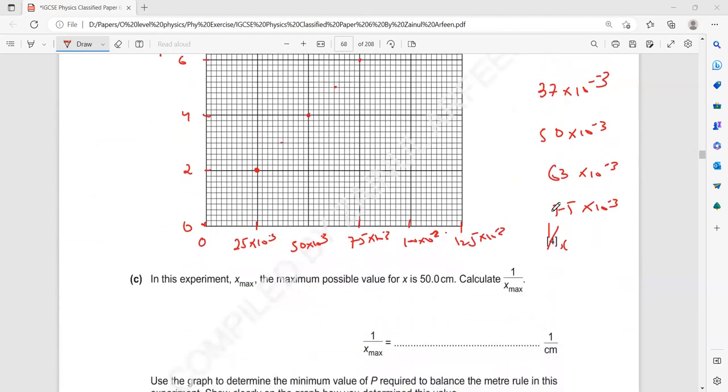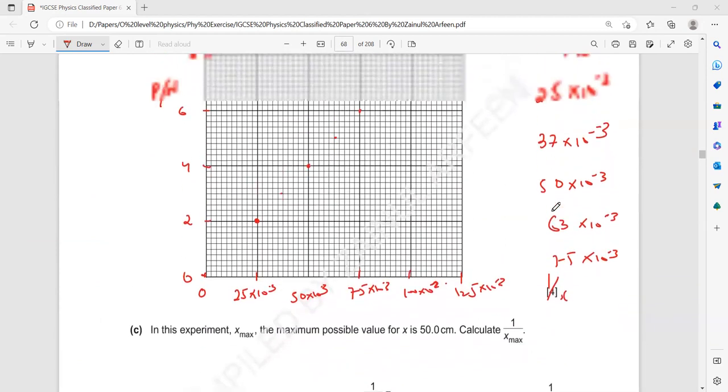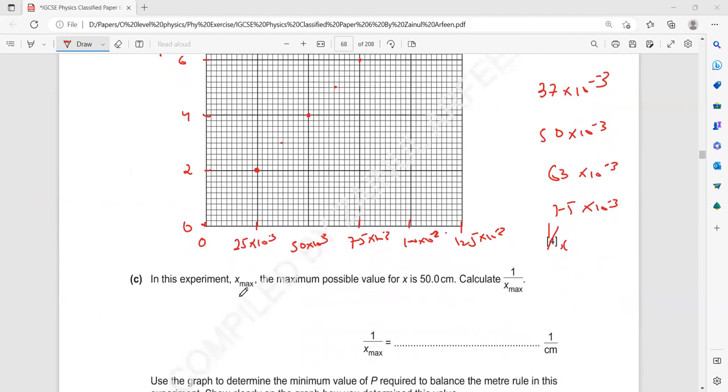So how to calculate 1 over X max? 1 divided by 50. What's the answer for 1 over 50? 0.02. So 0.02 will be there.